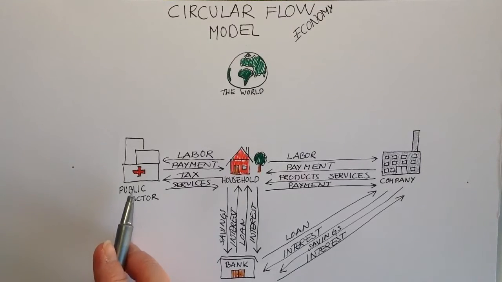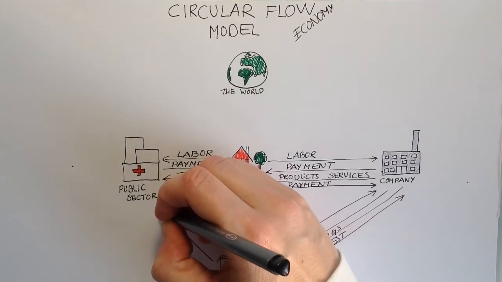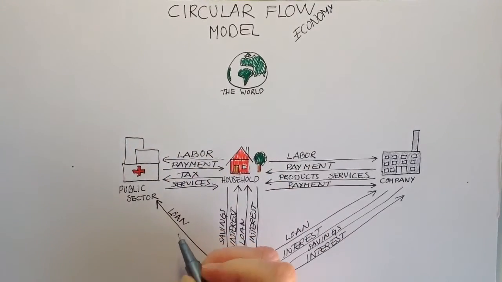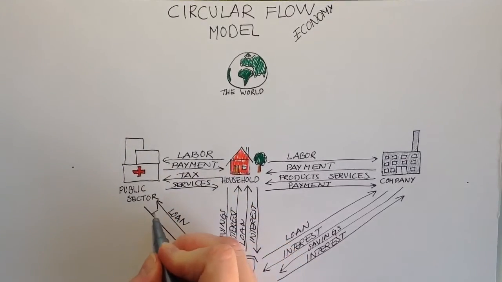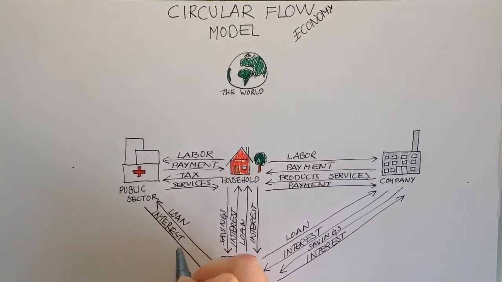The public sector is connected to the household as well as to the bank, because the bank can give loans to the public sector as well. If they get a loan, they have to pay interest.